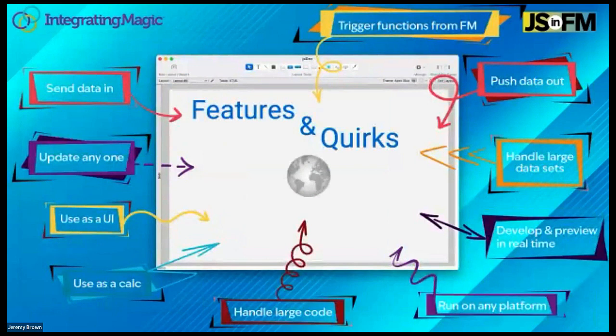The WebViewer here, I've identified at least 9 or so features, the technical things that it can do. Since FileMaker 19, this object gives us all of these abilities that we can combine in various ways to solve problems for our clients. So I'll just read them from the top clockwise.